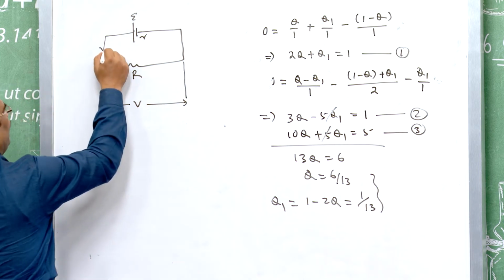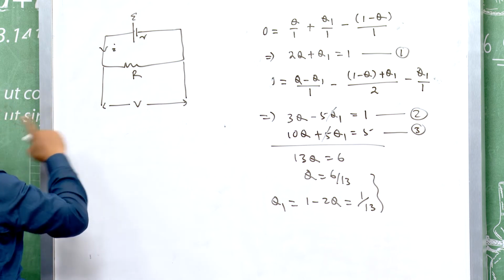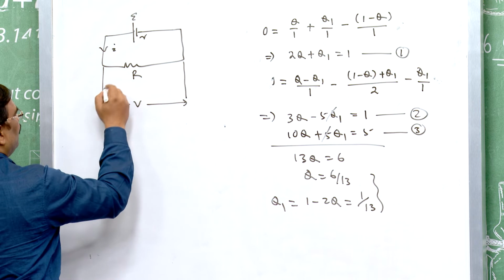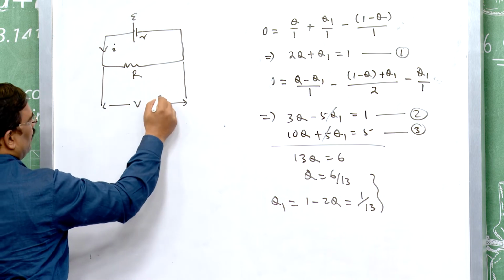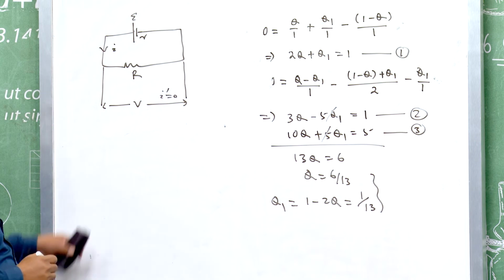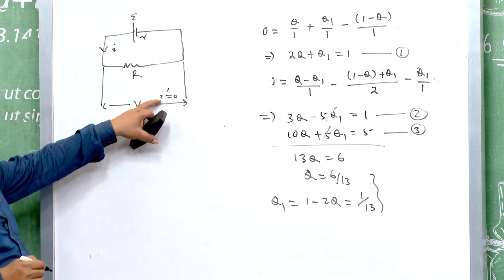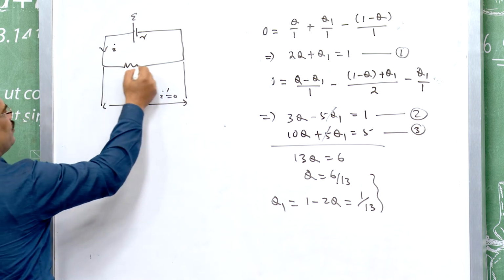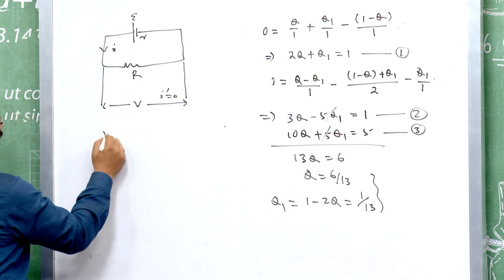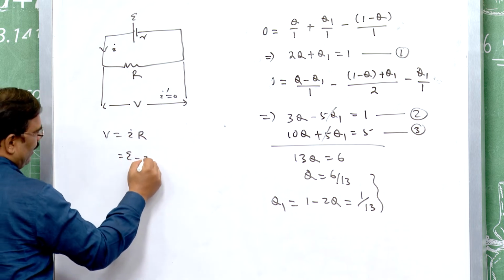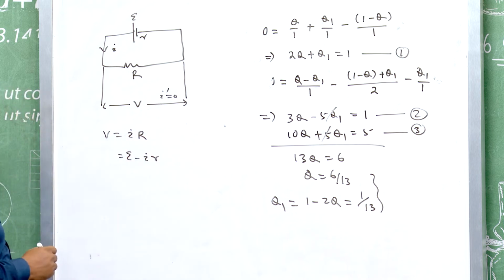If I is the current flowing, and if this voltmeter is ideal, then the current flowing through the voltmeter, I dash, will be equal to 0. Then the entire current will pass through the resistance R. So, my V will be equal to IR. It can be written as E minus Ir also, where r is the internal resistance.